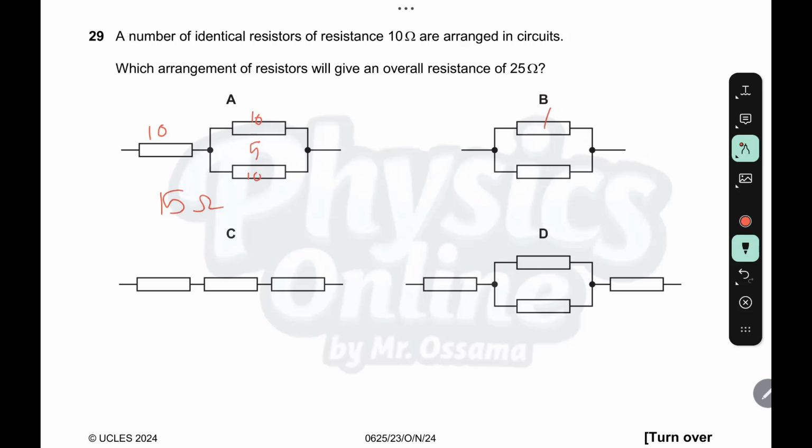Here is 10 and 10 in parallel, the sum of them is 5. Here is 10, 10, 10, the sum of them is 30 as they are in series. Here we have 2 in parallel, 10 and 10, the sum of them is 5, and with 10 and 10 resistance in series, 10, 5, 10 equals 25, so the answer is D.